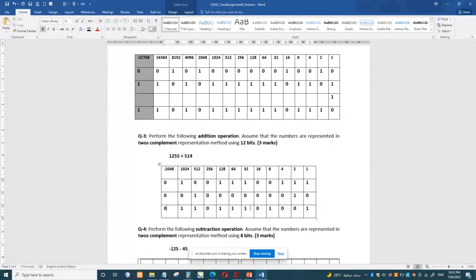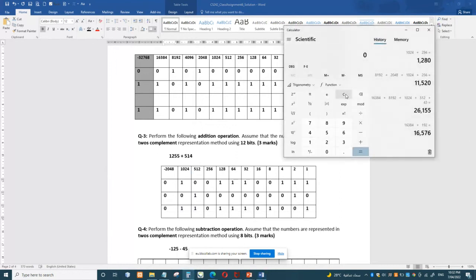You can check later whether this is the correct representation. The addition of these two numbers, 1255 plus 514, is 1769. So you can check later whether this number represents 1769 or not.